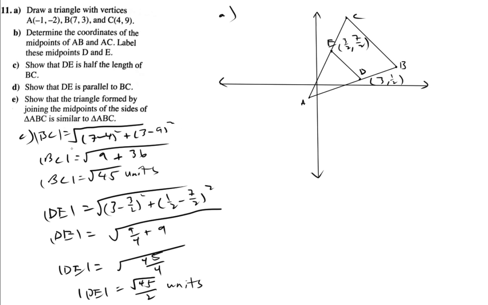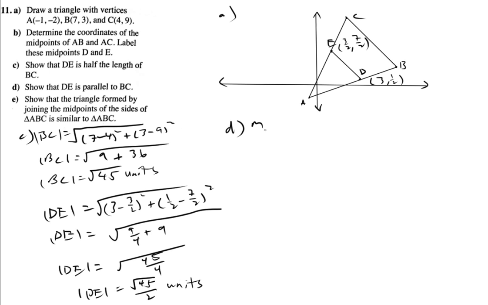And to show that these two are parallel, here I'll make some more space. Actually, this should be enough. To show that they're parallel, all you have to do is simply take the slope of the two, right? And see if they're the same. So I'll try it over here. Here, I'll erase this part. So now we have to find the slopes.